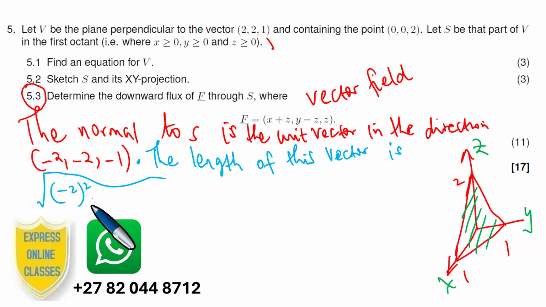Minus 2 squared. Minus 2 squared. And then you have 3. The length of this vector, I mean, take its magnitude, you get that.